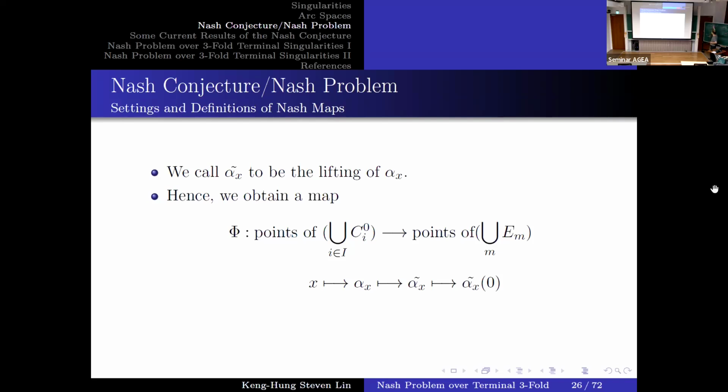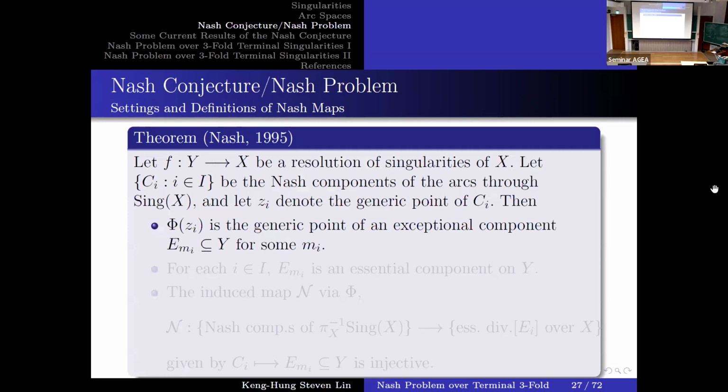It seems that there's no pattern for how the arcs can be lifted, right? So this is how Nash proved it in his 1995 paper. Okay, so he proved that this arc is not only lifted into a divisor.